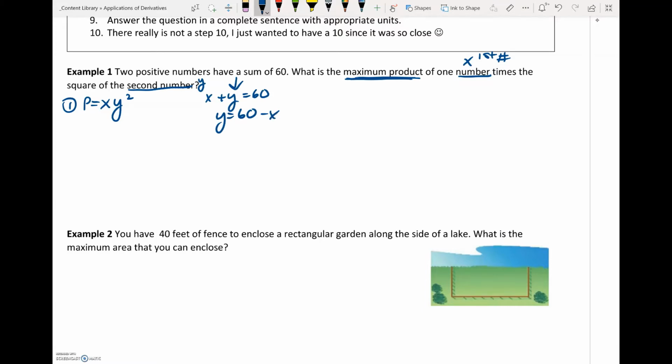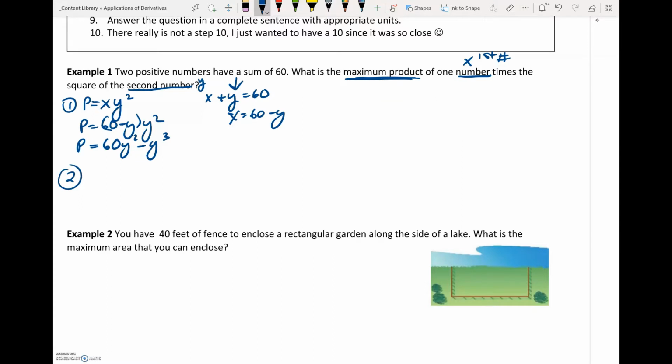So I'm going to replace x with 60 minus y, so that now I only have one variable. Then I'm going to simplify this. So this is our final optimization equation.